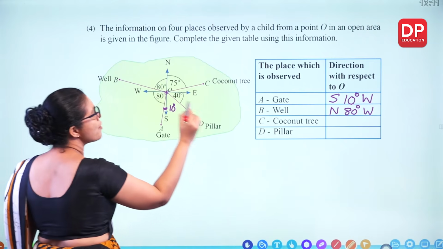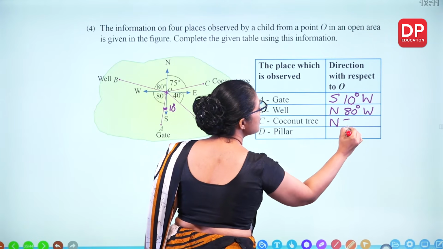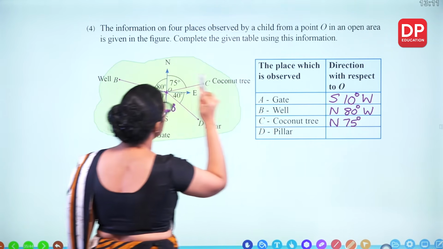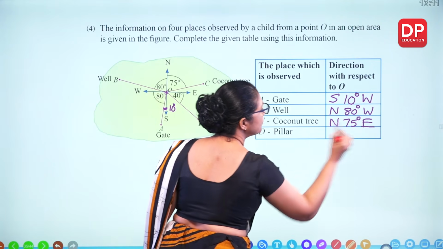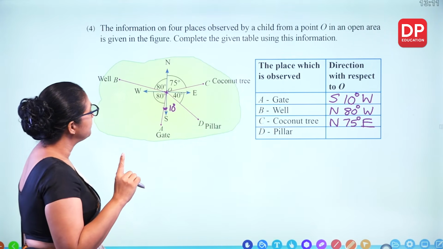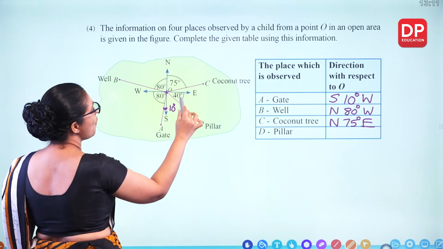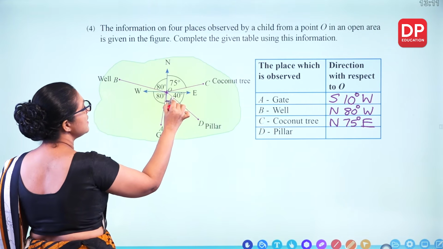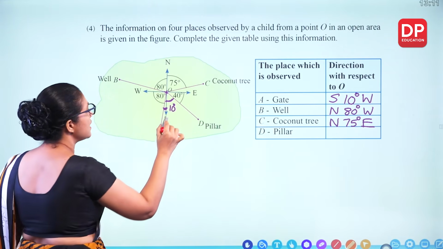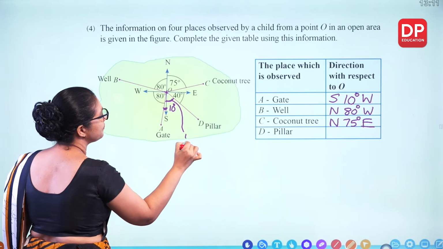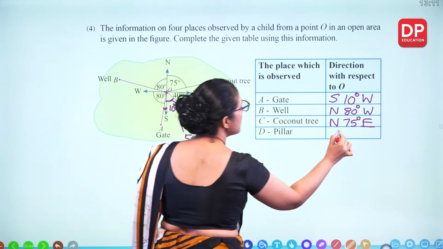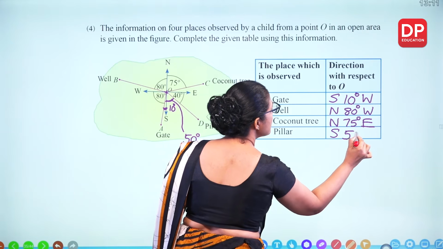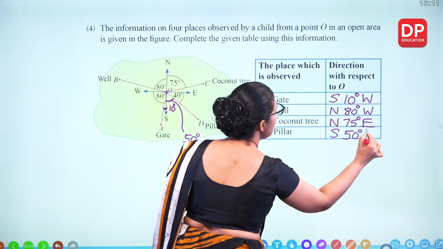So here from north 75 degrees towards east. Pillar. Here this is 40. So what is this angle? 90 minus 40, that's 50 degrees. You can write from south 50 degrees towards east.